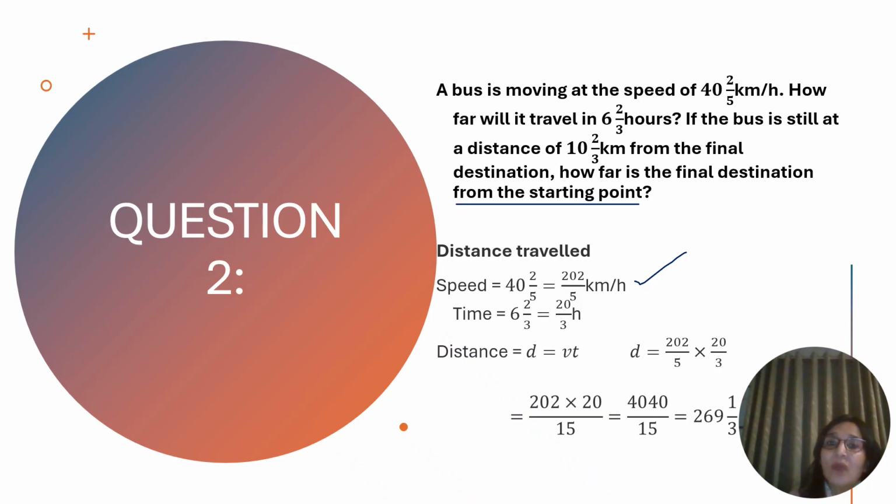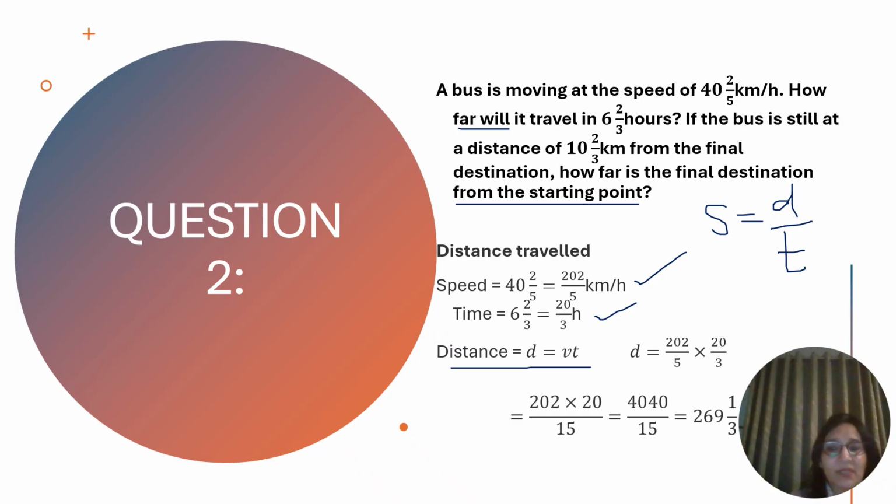Now next, how far will it travel in 2 upon 3 hours? So that means time is again given in a mixed fraction, so you need to convert it into a proper fraction. Now here the formula you see: distance is equal to speed into time. So first, what is the formula? Speed is equal to distance upon time. Now the question is, how far will it travel?